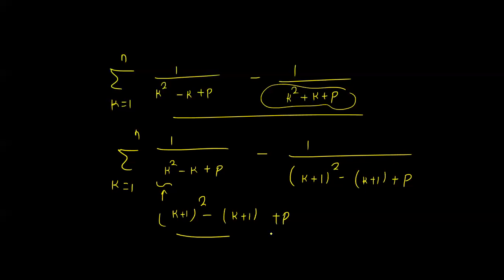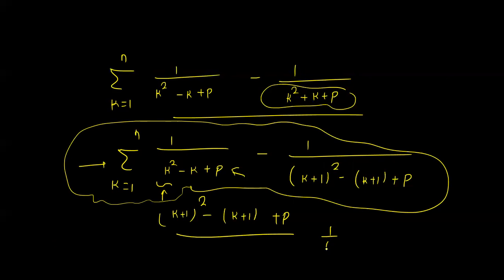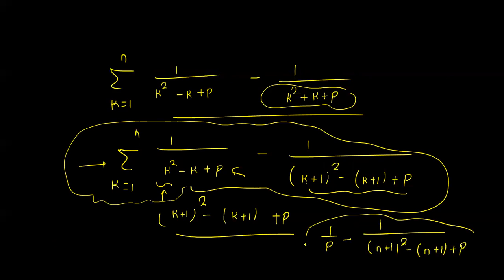So again we make the difference of two terms to simplify our calculation of the sum. So now the final answer of this, if you put 1 here, this will become 1 by p, and instead of k you put n here, this will become this. Remaining all the terms will cancel each other. So this is the final answer of this sum.